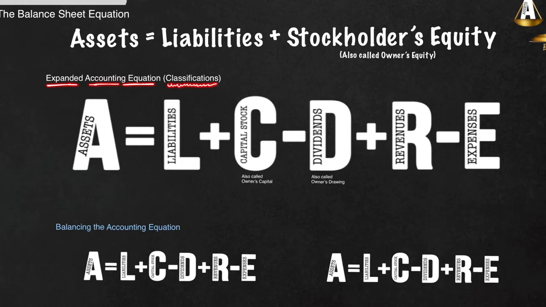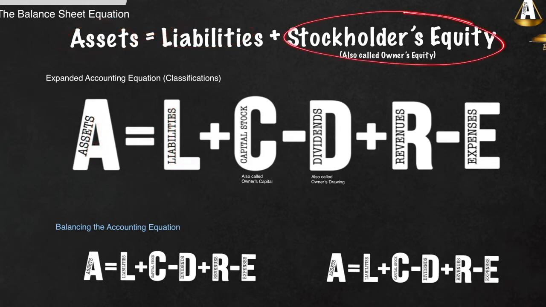And when you expand this equation, it breaks up into the different classifications in accounting. You still have your assets on the left side of the equal sign. You still have the liabilities on the right side. So assets equals liabilities. But the stockholders' equity or owner's equity portion of the equation can be broken out or expanded into 4 different components. The first component is capital, owner's capital or capital stock.